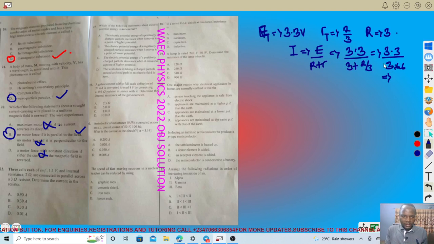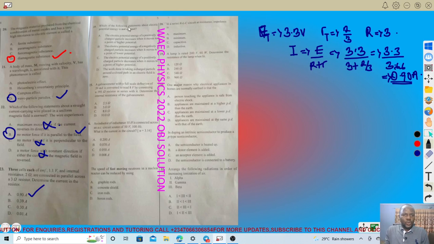Let's see. No, my calculator is doing rubbish. 3.3 divided by 3.66 gives 0.90, because I'm seeing 1 point something and I know this is bigger than this. So 0.90 is the current that is passing through. So this is valid. The next question.